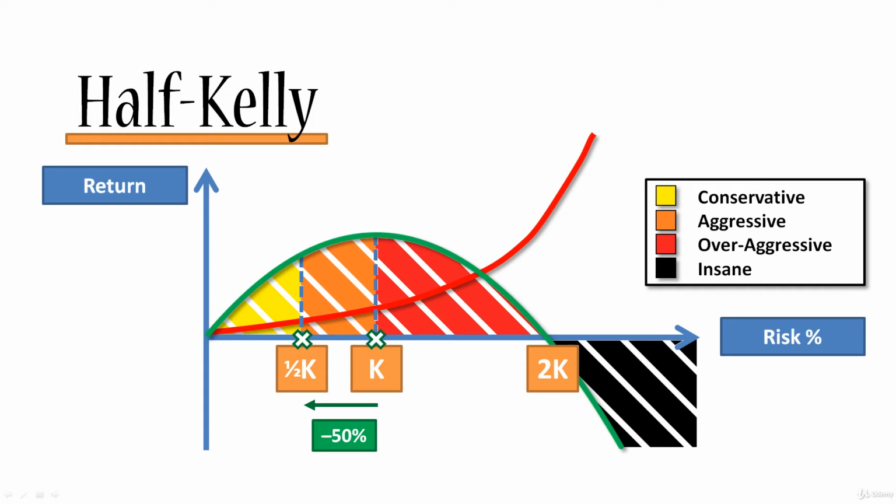Your first instinct would be that if you decrease your risk by 50%, then your return should also decrease by 50%. But because the profile of the return here is not linear, it's actually a parabola, what you will see is that if you go from your return at the Kelly point to your return at the half Kelly point, your return will only decrease by 25%.